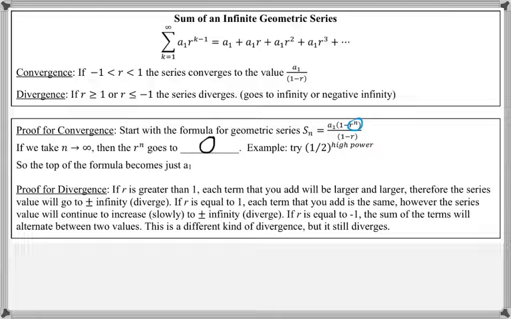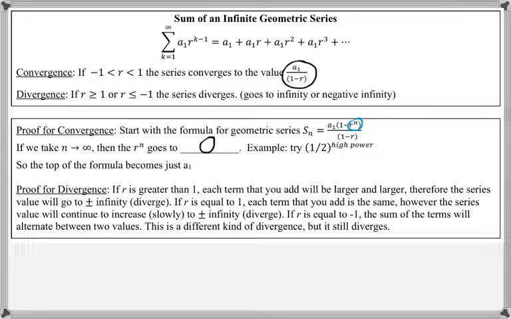For example, if you take 1/2 on your calculator and raise it to a really high power like 10,000, you can see that it's going to 0. So 1 minus 0 is just 1, and then a1 times 1 is just a1. So the numerator will just be a1, and you'll get the formula for the value that our series is converging to.